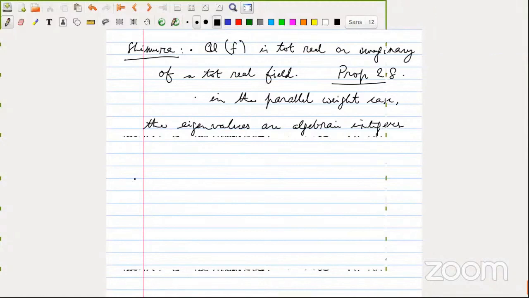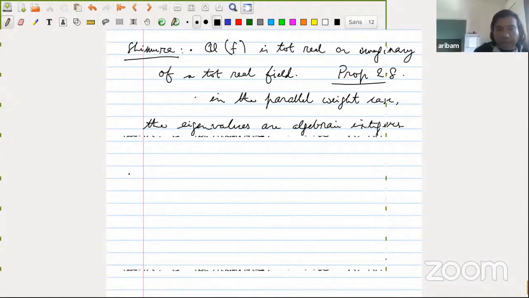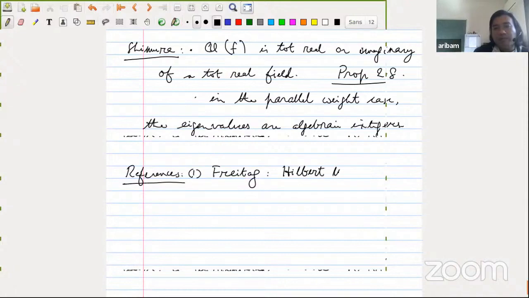So for beginners, you recommend Freitag's book? Yes. The book by Freitag, Hilbert Modular Forms, is kind of readable, although I have heard that it has some mistakes here and there, but I haven't found any.